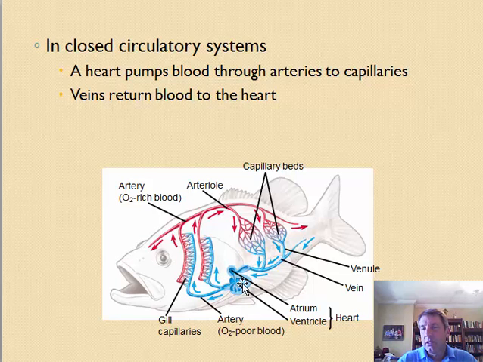In fish, the blood at the heart is always non-oxygenated. Blue represents vessels containing blood that does not have oxygen, and red represents vessels that have oxygen. This is called a single circuit system, and it has two valves in the heart. All vertebrates have a closed system, and some invertebrates have a closed system as well.